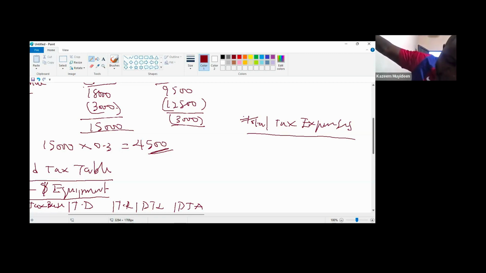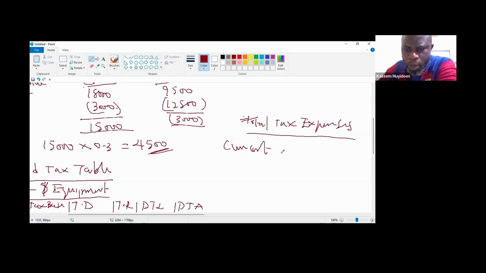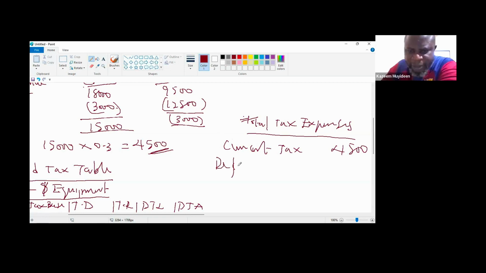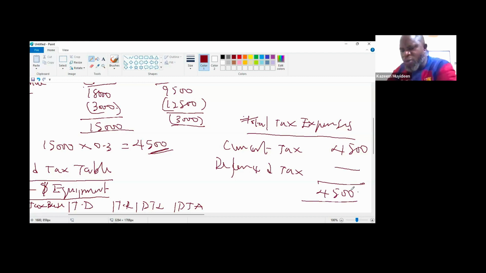Don't forget that tax expense is the current tax plus the movement in deferred tax to P or L. So if you ask me what is the total tax expense, I will just say current tax 45, deferred tax nil, total tax expense that we reported, because there was no movement.